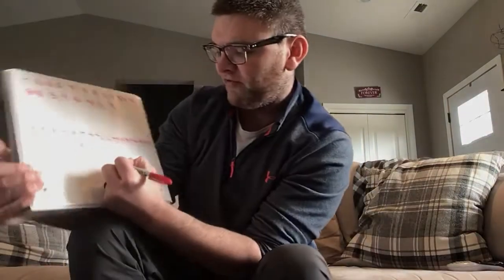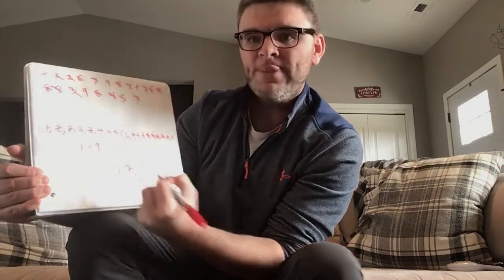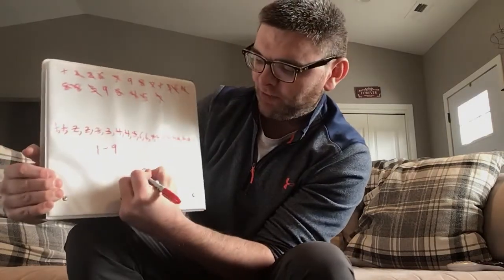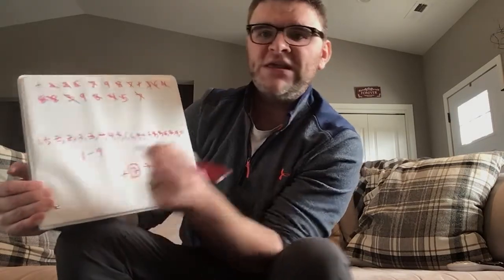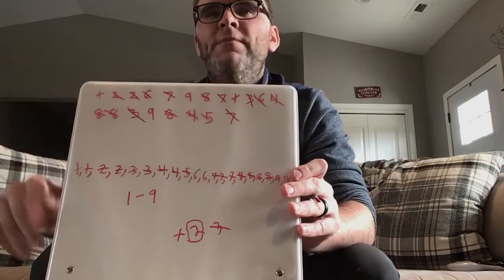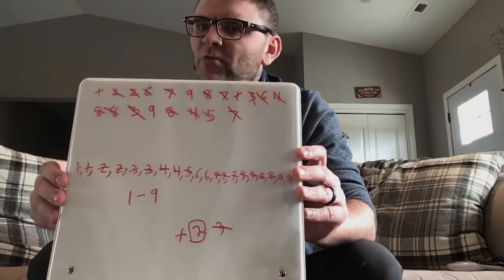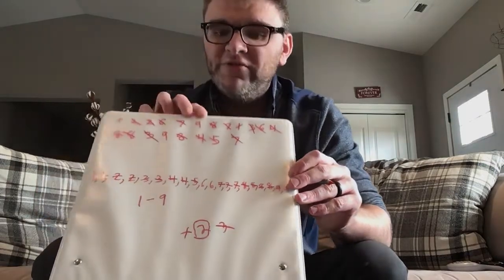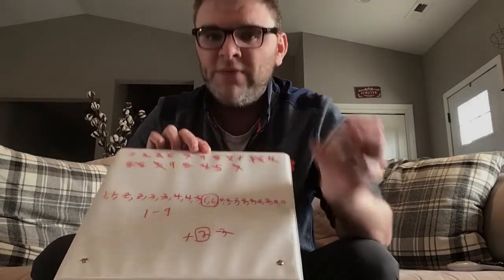If I had the number set 1, 2, 3, I could cross out the smallest and the biggest, and my median would be 2. But since I have an even number with 20 numbers, there's actually going to be 2 in the middle. And luckily for us on this one, it doesn't always work this way, but our two numbers left in the middle, 6 and 6, are the same number.